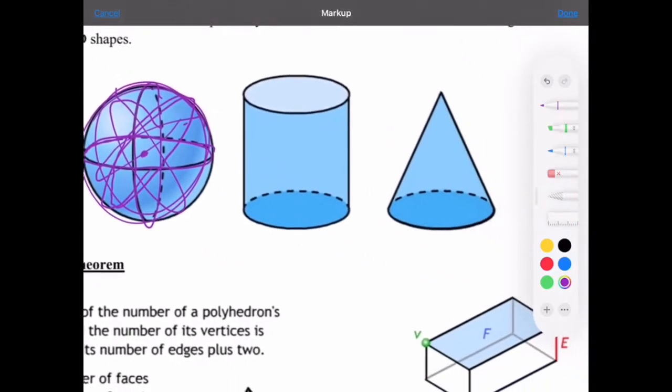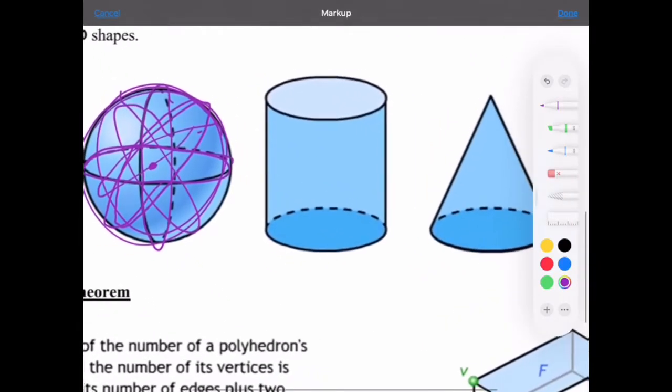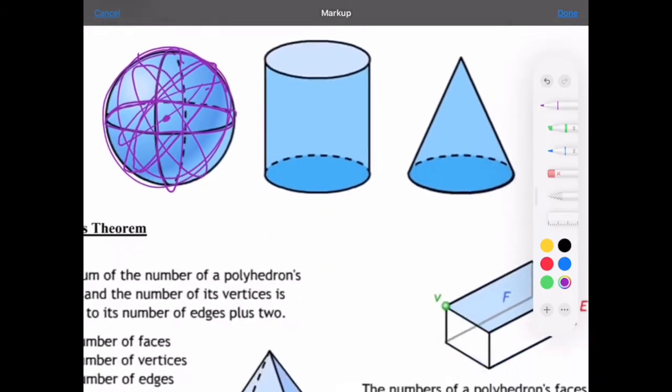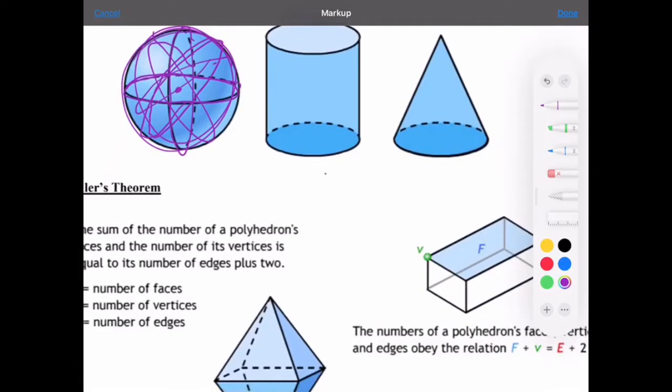Next thing we have is a cylinder, and you're probably like, what can I rotate to get this shape? Now here, imagine I have a rectangle, right? And I rotate it around 1 point.